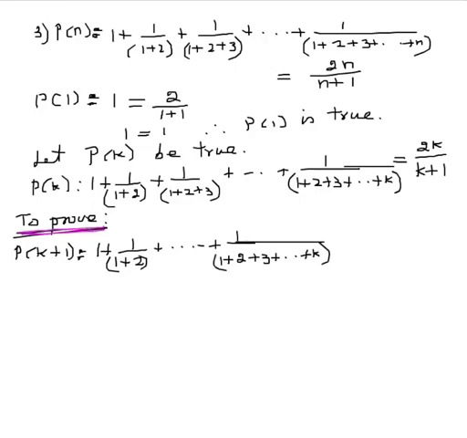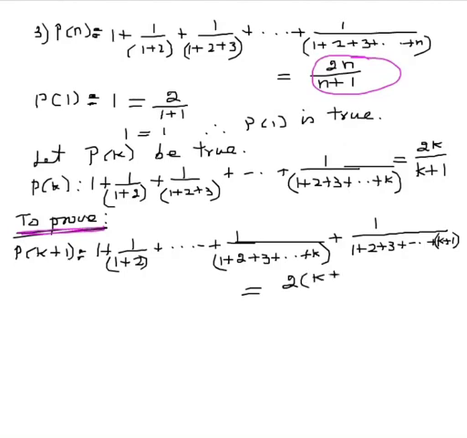This is the kth term. And now k plus 1th term, 1 plus 2 plus 3 etc. up to k plus 1. And we have to show that this is equal to 2 times, here substitute n as k plus 1. So 2 times k plus 1 divided by k plus 1 plus 1, which becomes k plus 2.